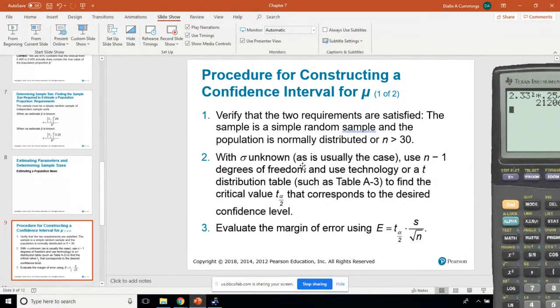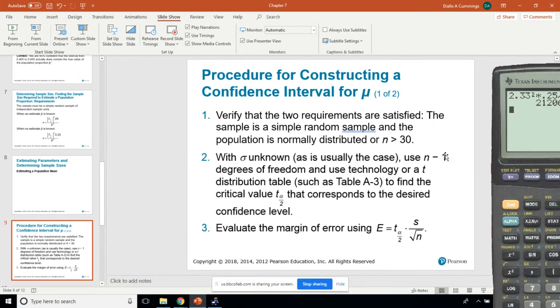Okay, so there's a t-distribution that we'll use if sigma is unknown, and then there's a normal distribution we'll use if the standard deviation is known. But normally we don't know the standard deviation. So we have to use what's called a t-distribution, and a t-distribution comes with what are called degrees of freedom.